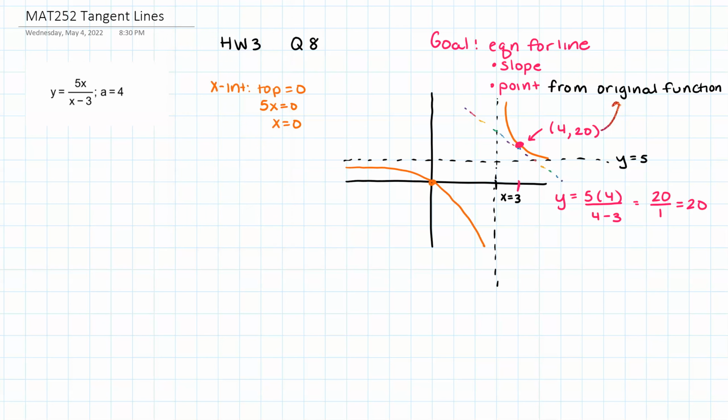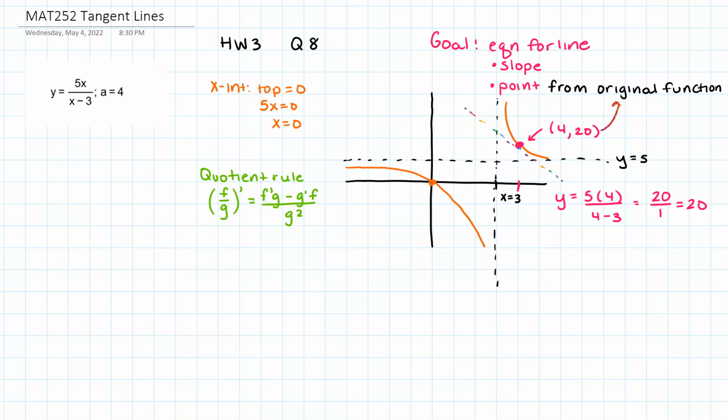So the quotient rule is when you want to take the derivative of an f function over a g function, right? The top we're labeling f, the bottom we're labeling g. We do f prime g minus g prime f over g squared.